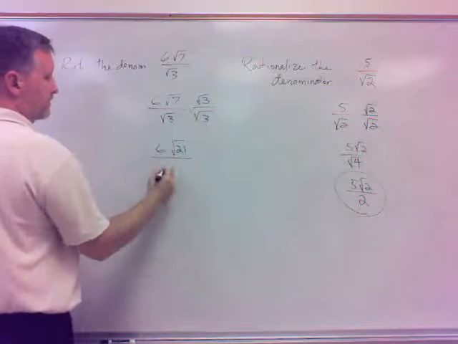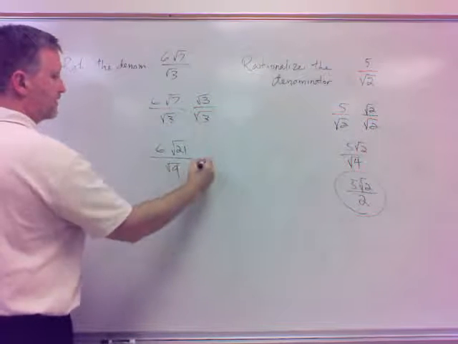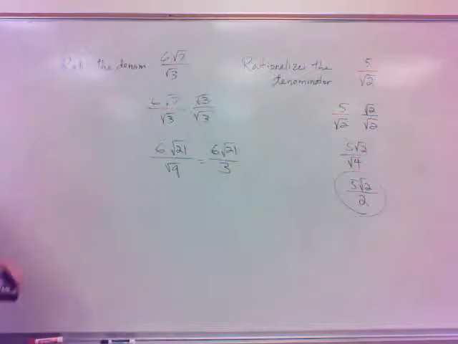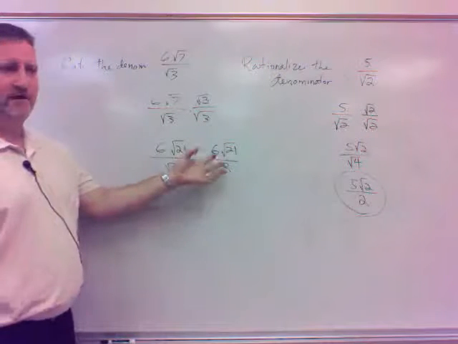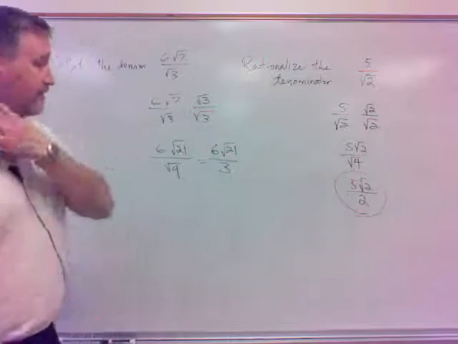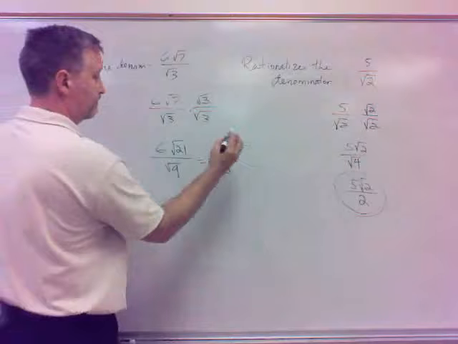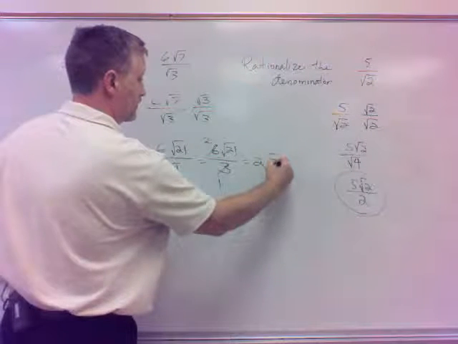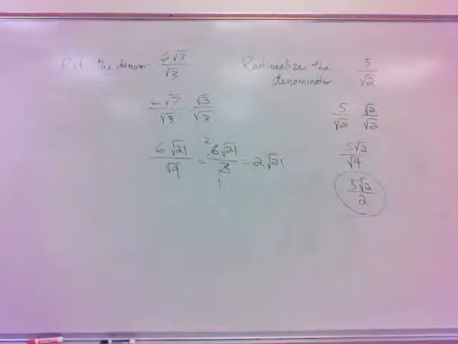And square root of 3 times square root of 3 is square root of 9, which gives me 6 square root of 21 over 3. And yeah, you want to watch for, well, I can simplify the 6 and the 3 here, can't I? I couldn't do it over here, the 5 and the 2, but the 6 and the 3 I can. Reduce by 3. So that one would wind up as 2 times the square root of 21. Is that okay? All right.